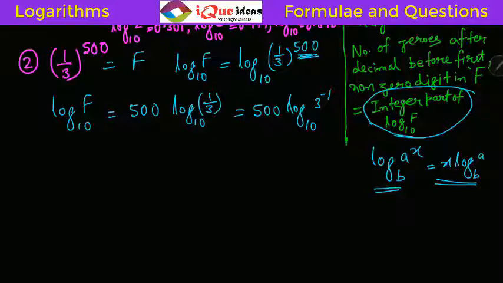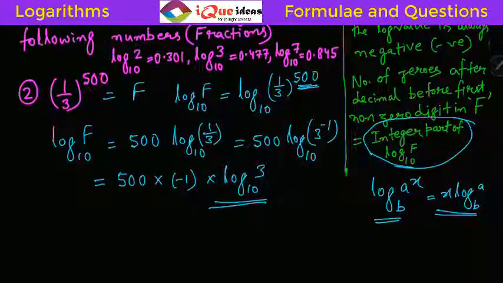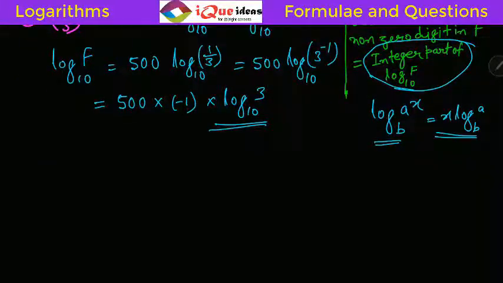Again this power minus 1 will come out and we will have 500 into minus 1 into log 3 to the base 10. Now log 3 to the base 10 is given here, that is 0.4771, so we'll use it. We put the value here and we get minus 500 into 0.477.